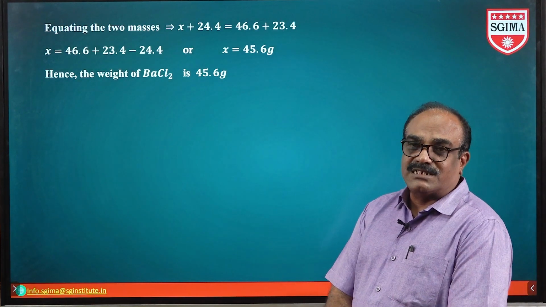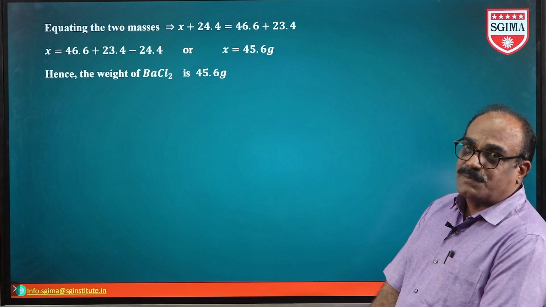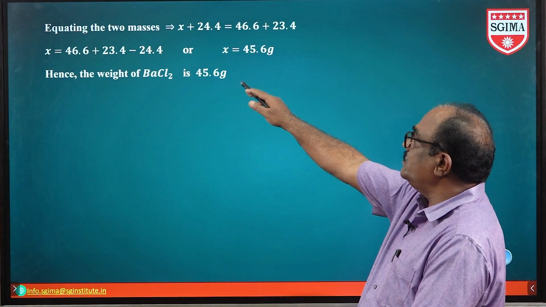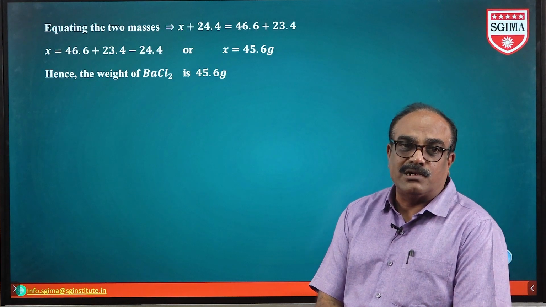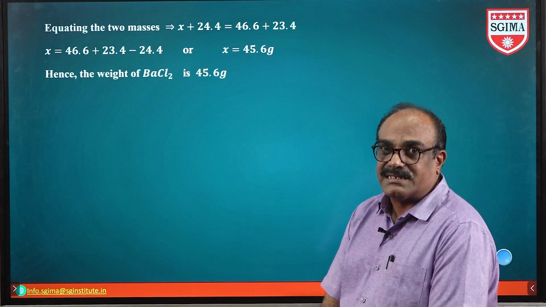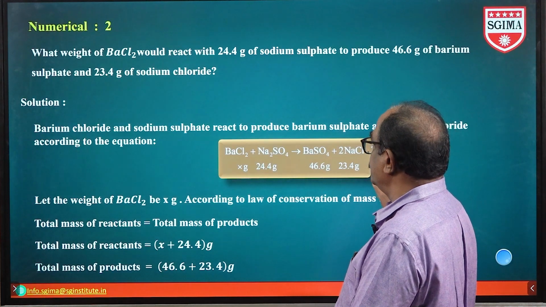Equating both, x plus 24.4 equals 46.6 plus 23.4. You are going to evaluate the x value as 45.6, which means the weight of barium chloride is 45.6 grams. This is the second example.